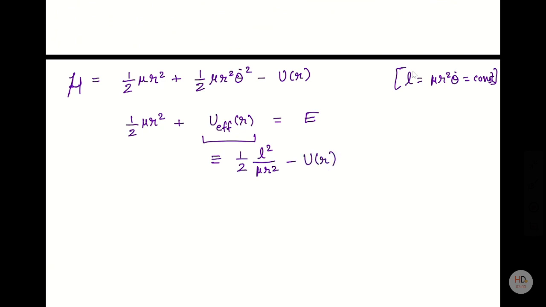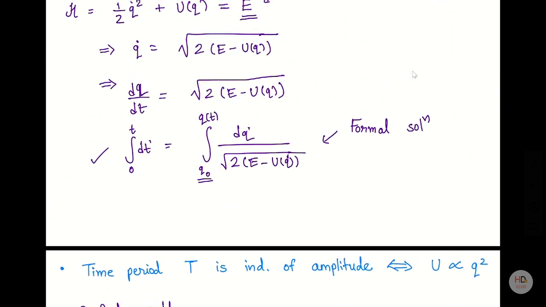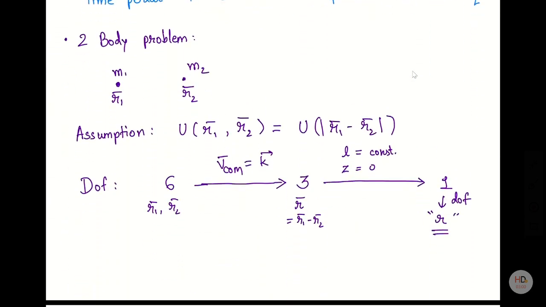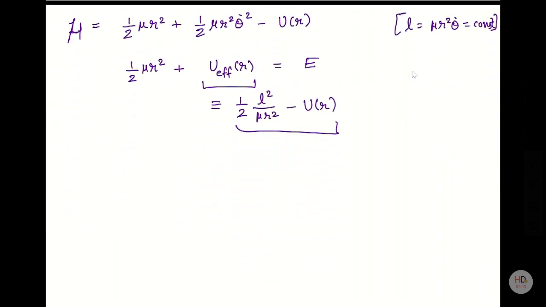So this is an effective potential if you are looking just at the radial distance from the origin and nothing else. Now you can put this u in the equation that we derived earlier, and you can solve for r as a function of t.